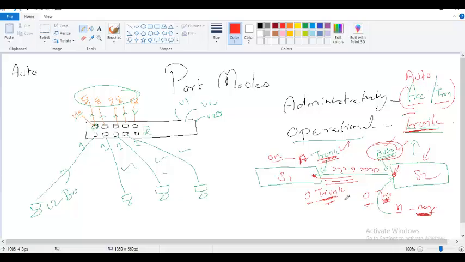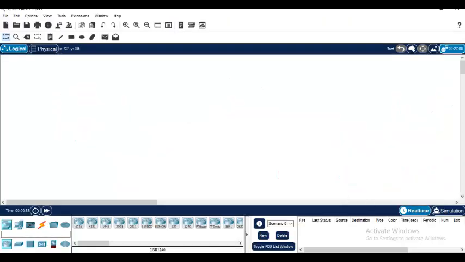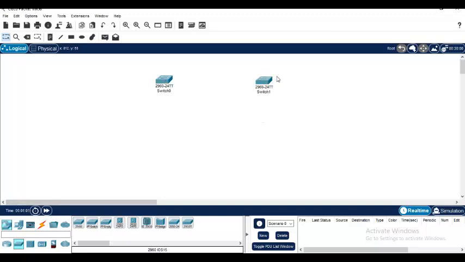I would like to show you this before I take you to the next level. Two switches now. I'm going to show you all that I have just put to you. Let us connect one wire on these two switches.